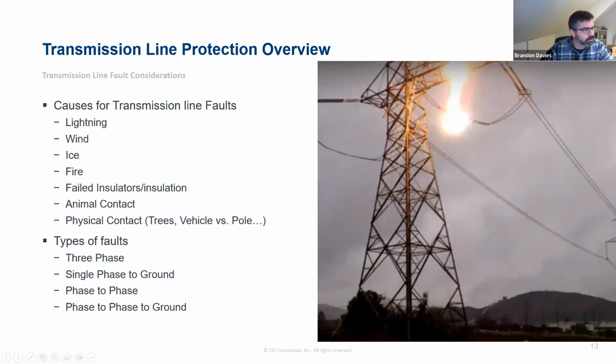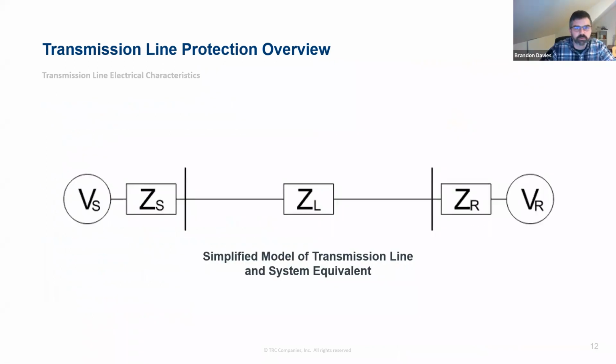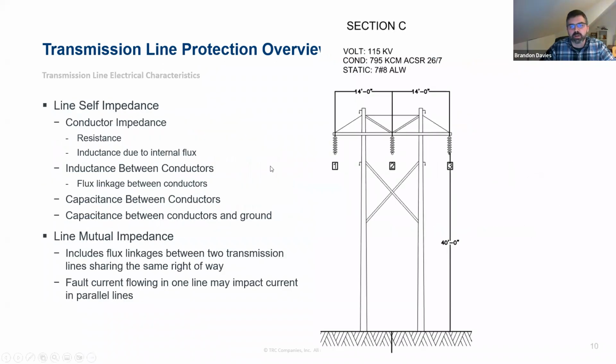So let's see if I can back up a couple of slides here. So your transmission structures here, they're a very convenient path to ground for your fault current. So on any of your transmission structures, you're going to have something to separate the structure itself, which is that path to ground, from the energized conductors.